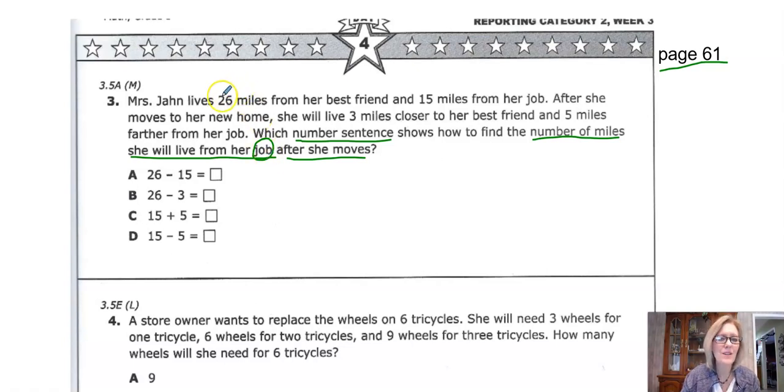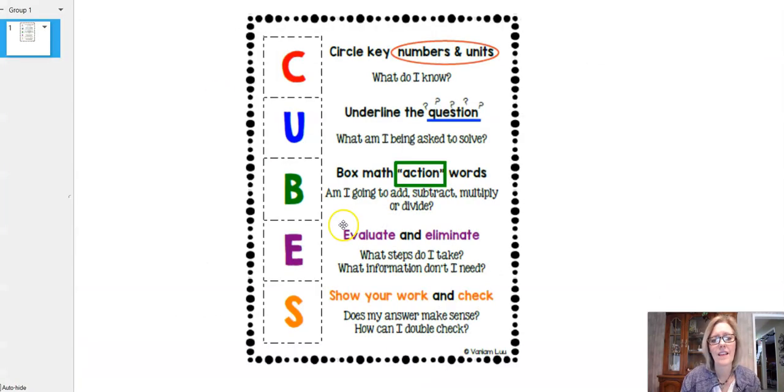This happens to be a question that if you were to look at your cube strategy, there are things that it tells you on the E in cubes to get rid of something. And let me show you that real quick. And here it is. It says evaluate and eliminate.